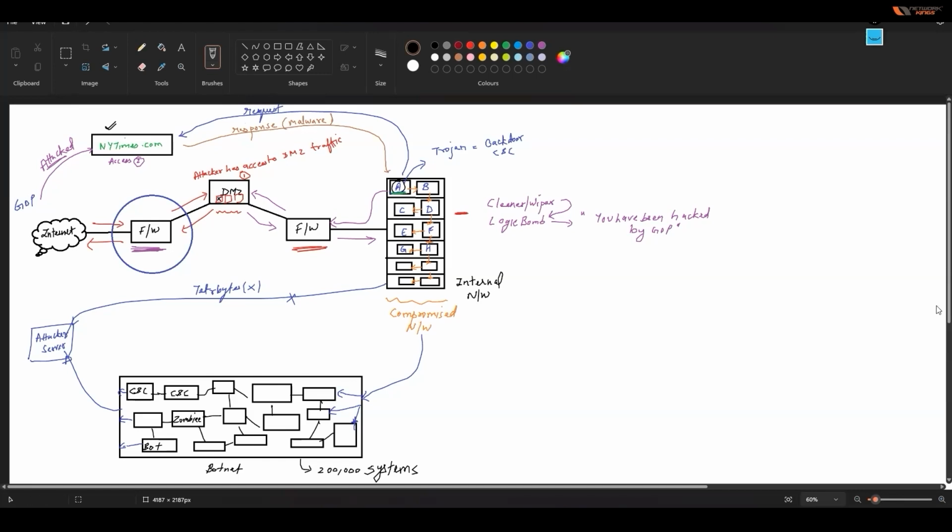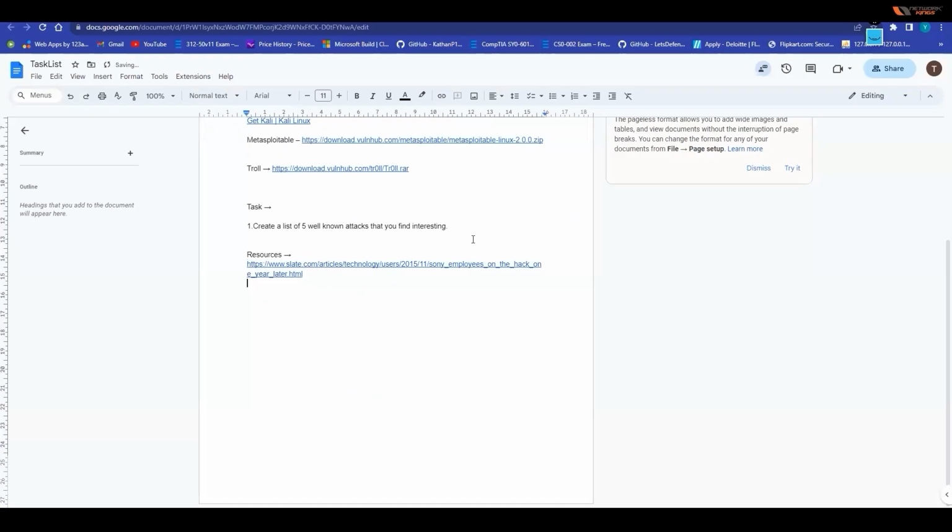Now this is for Sony Entertainment. Sony has multiple operations, so this attack was on Sony Entertainment. And one more task I'm adding: read about the SolarWinds attack.